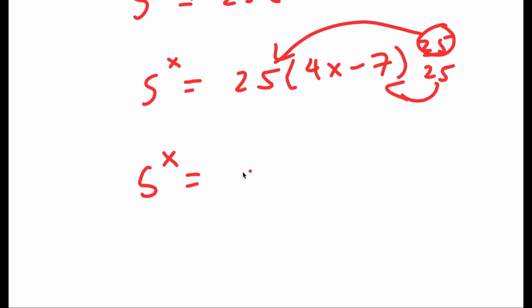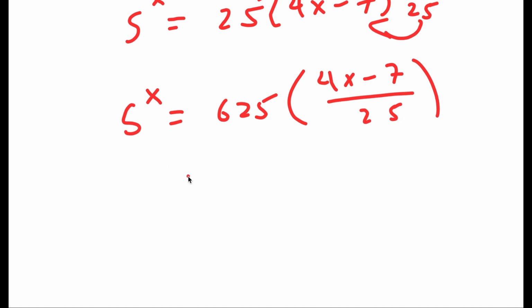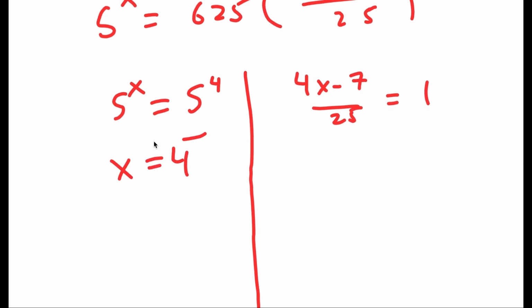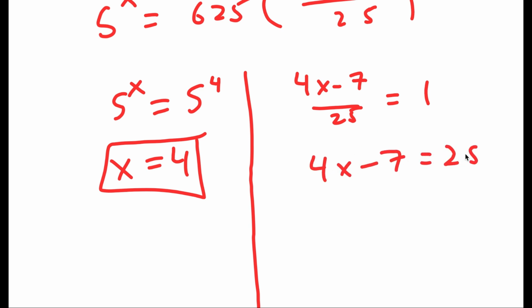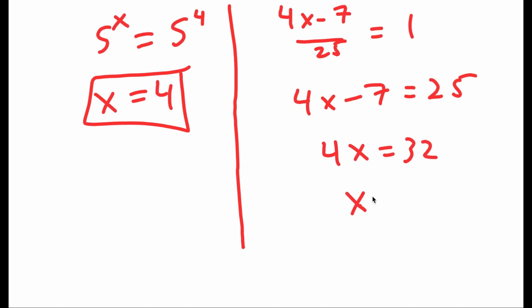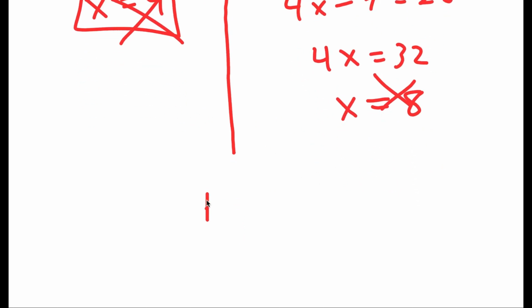So I get 5 to the power of x is equal to 625 times 4x minus 7 over 25. 625 is the same thing as 5 to the power of 4. So I get 5 to the power of x is equal to 5 to the power of 4, and 4x minus 7 over 25 is equal to 1. So I have x equal 4 on my left-hand side, and for my right-hand side, 4x minus 7 is equal to 25. So 4x is equal to 32, and this time x is equal to 8. So these two aren't the same, so this is going to be rejected.